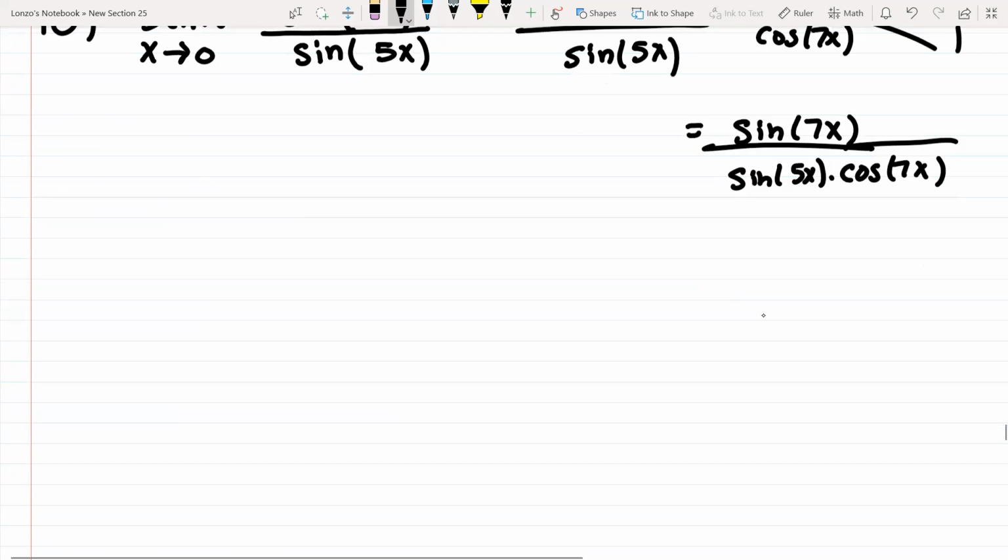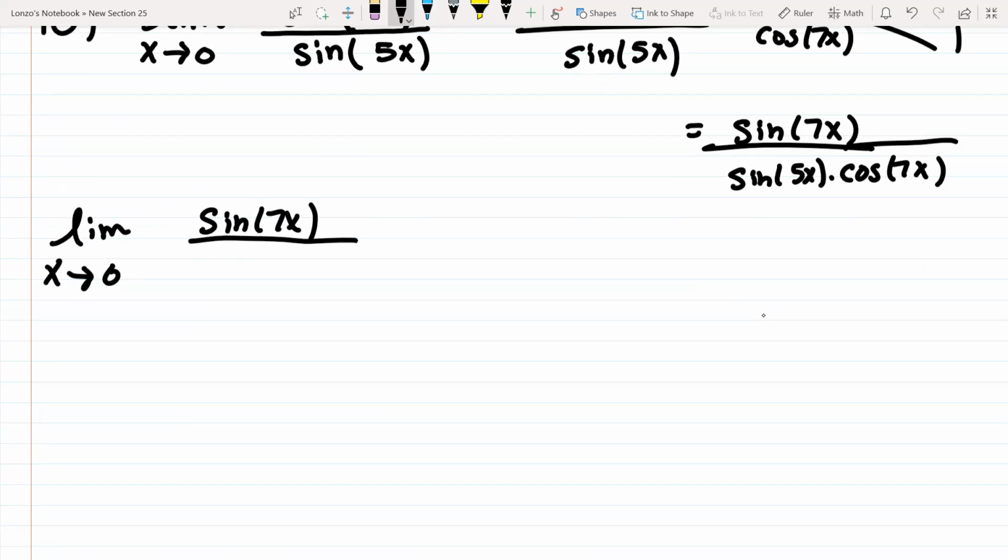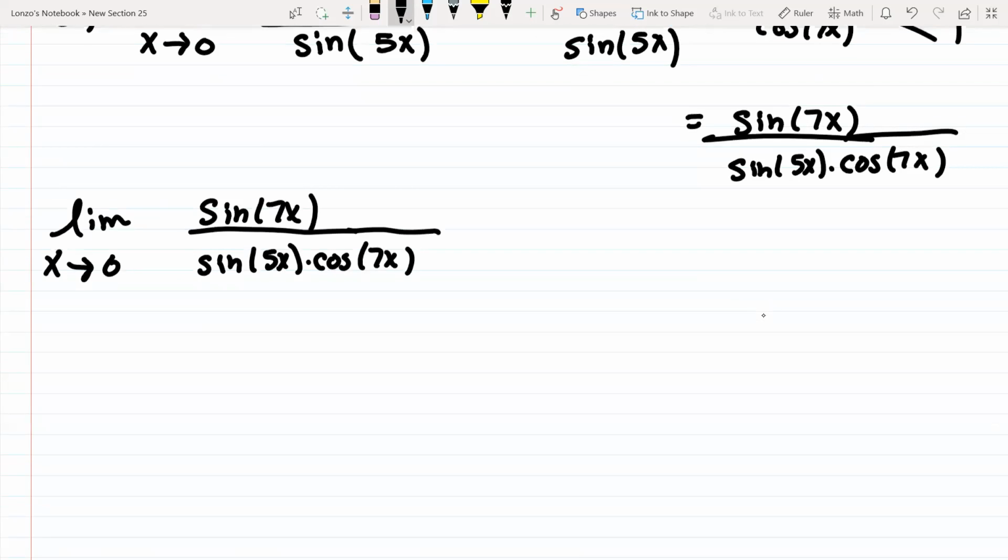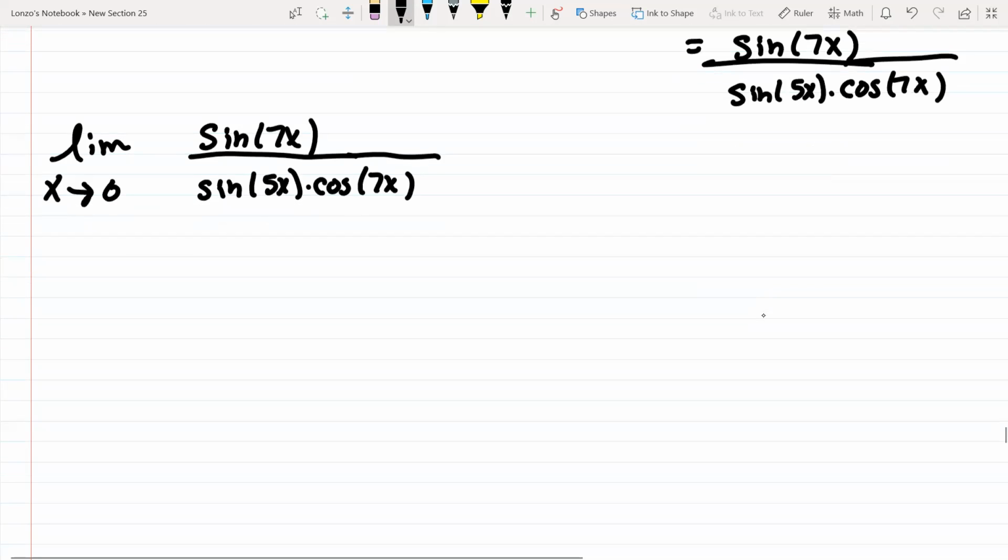And what can we do? So your new problem is going to be the limit as x approaches 0 of sine of 7x over sine of 5x times cosine of 7x. I'm going to use this special trig rule.